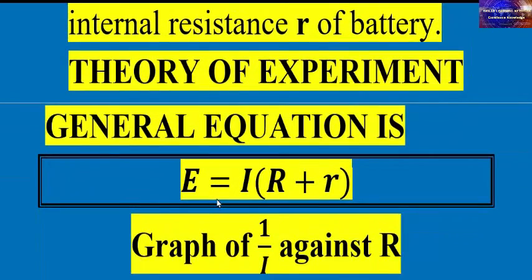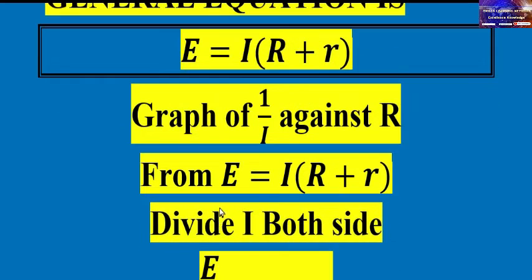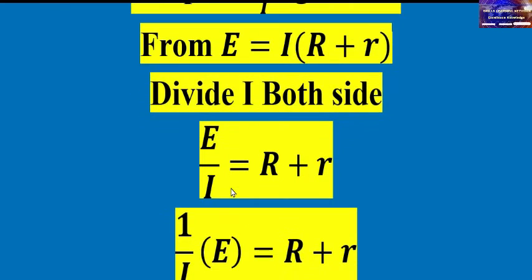The general equation for this experiment is E.M.F equals current times (R plus r), and our graph is reciprocal of current against the resistance. So you have to make 1 over I the subject of this equation. We proceed with the nature of the graph. In order to get the reciprocal of current, you have to divide both sides by the current. Then E.M.F over current is equal to R plus r.